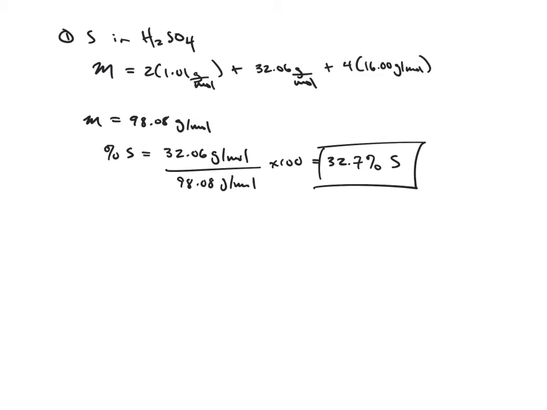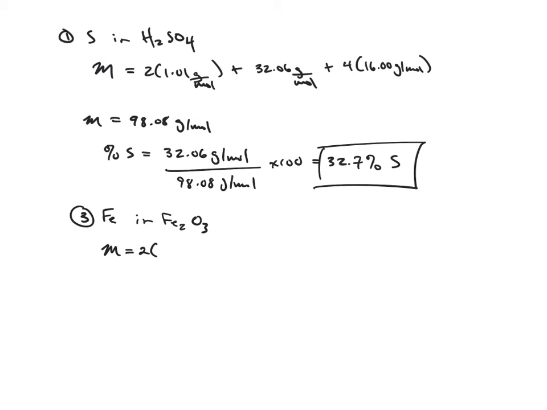Let's look at one like number 3. I just want to make sure we do number 3 correctly because number 3 has multiples of that atom that it's looking for. It's looking for iron in Fe2O3. So iron in iron(III) oxide. Okay. Well, the molar mass of this whole thing, we got 2 irons.